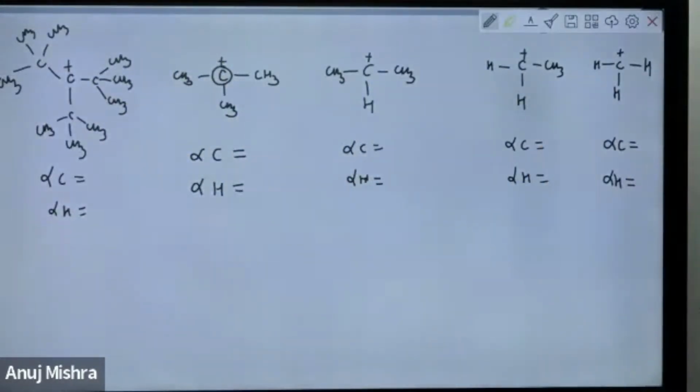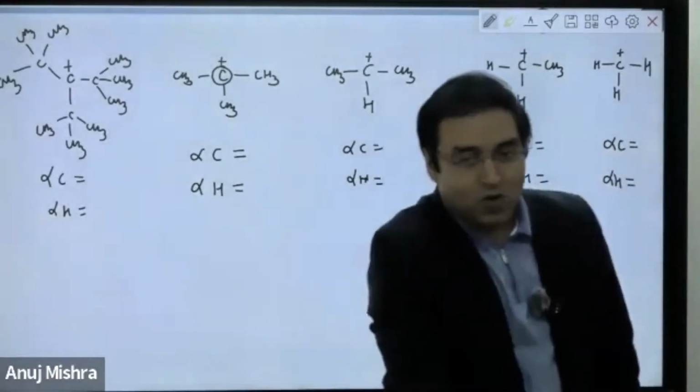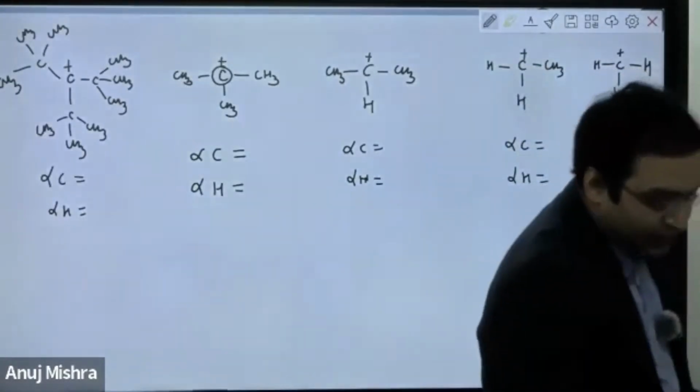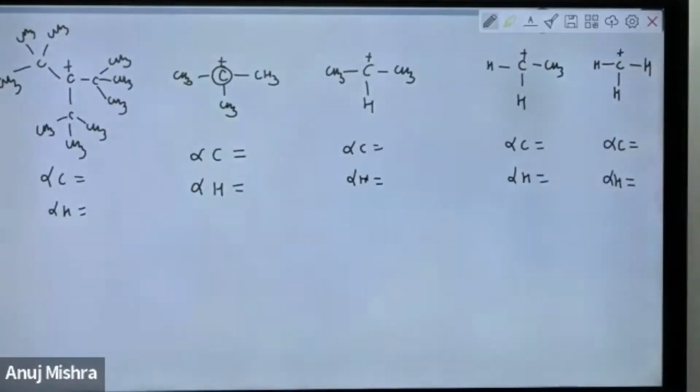Be real fast. Note down and then write. Copy the question first. It feels very clear right now, but later everyone forgets, so please note it down. No compromise on your notes. Please write it down. Note all the cases, and then write alpha carbon and alpha hydrogen.